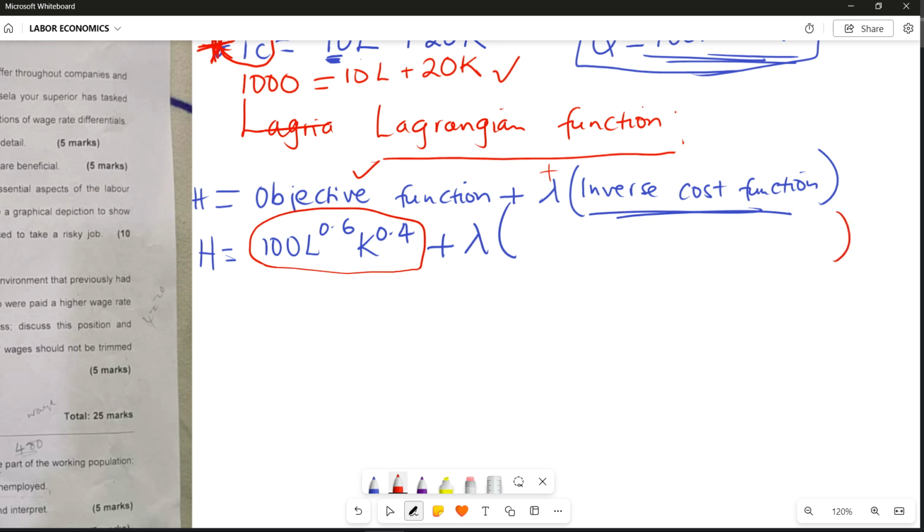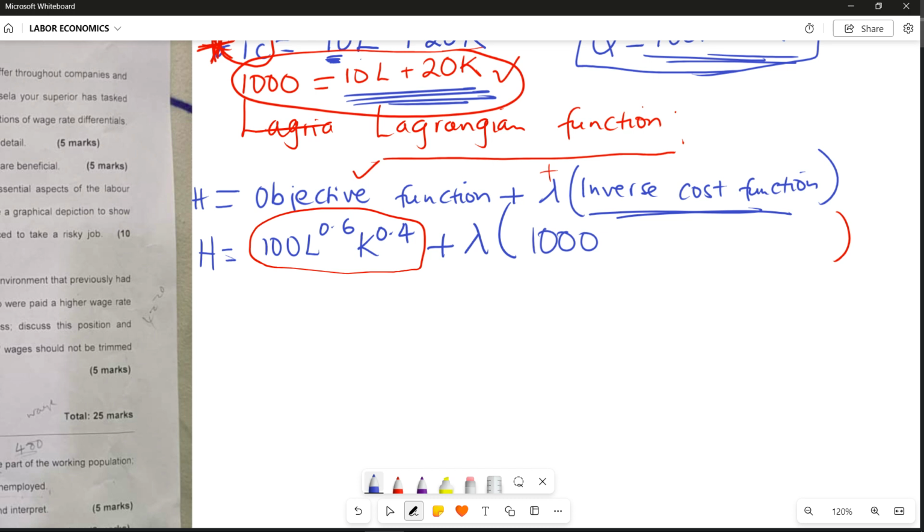The cost function is 1,000 equals 10L plus 20K, but when putting it here, we start with the 1,000 and get everything on the right-hand side to the left-hand side.